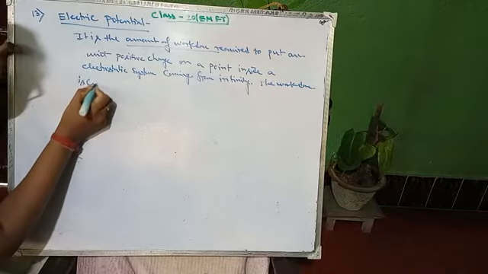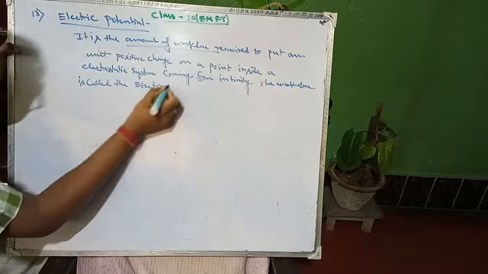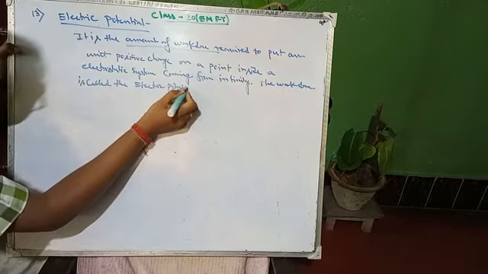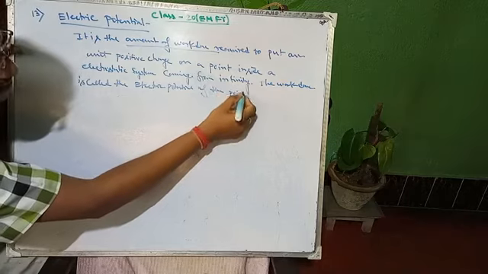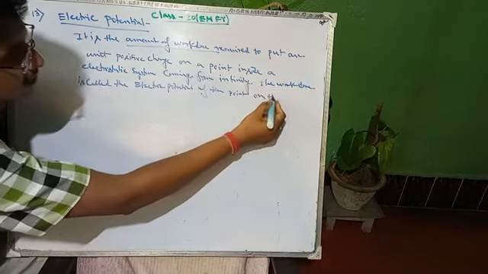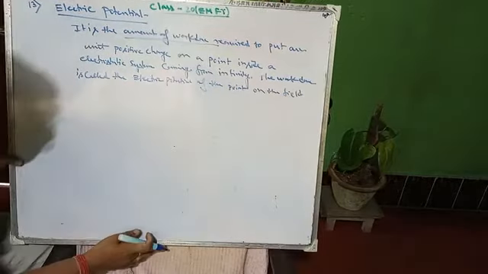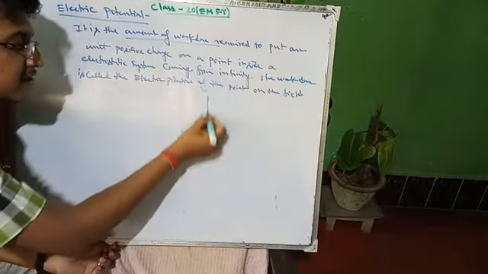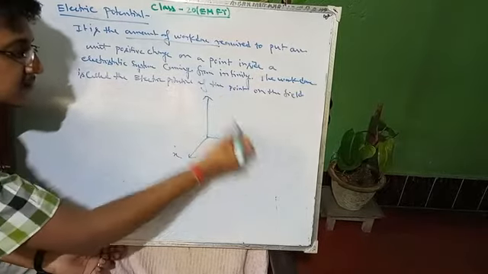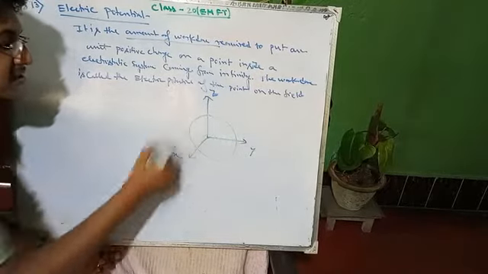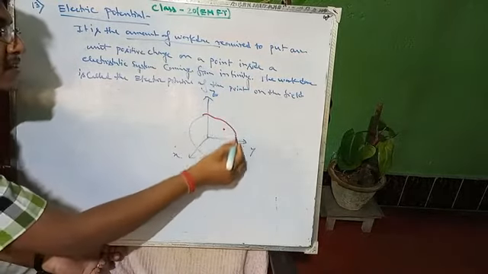So the work done is called the electric potential of the point on the field. Suppose we are considering an electrostatic system, an arbitrary shape electrostatic system.